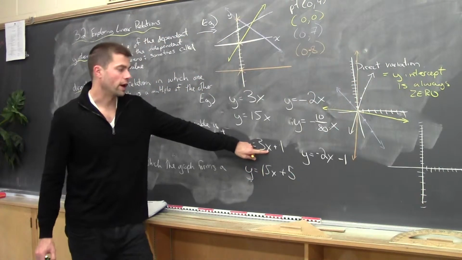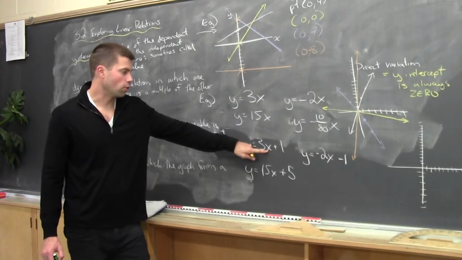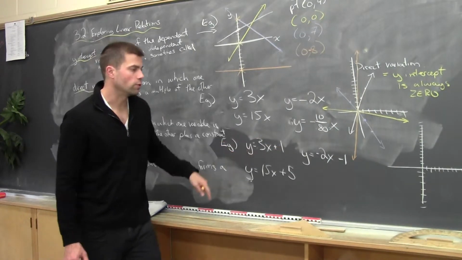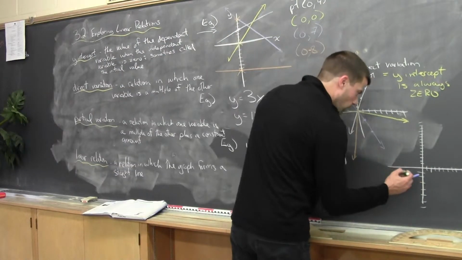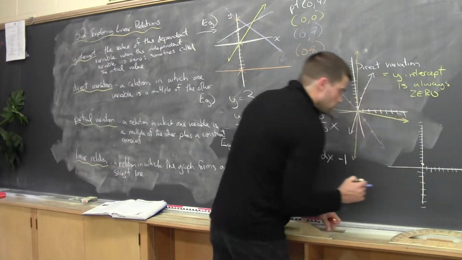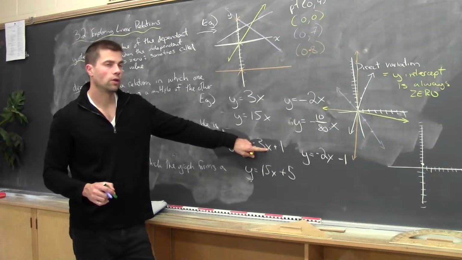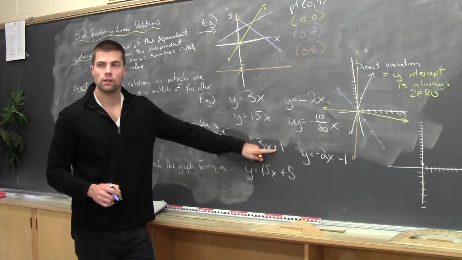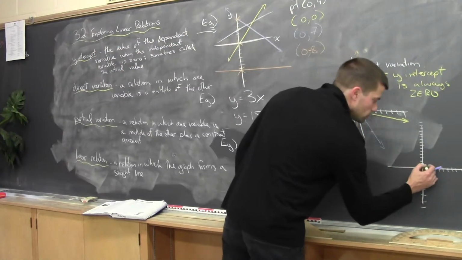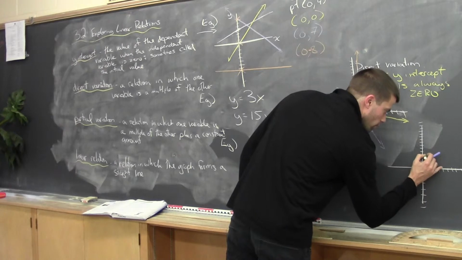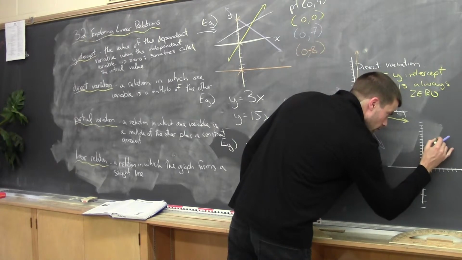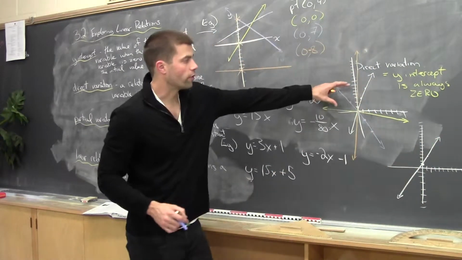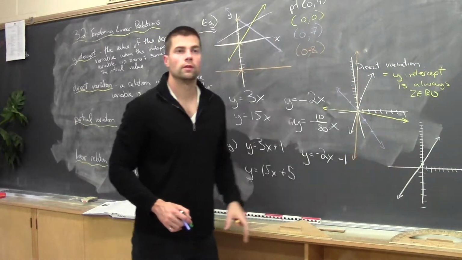So in this graph now, when x is 0, y is 3 times 0 is 0 plus 1 is 1. So when x is 0, y is 1. Now when x is 1, y is going to be 4. You guys see that? So x is 1, y is 1, 2, 3, 4. So what happens then is we get this similar graph, but it's just been moved up.